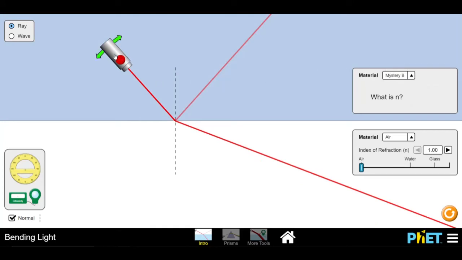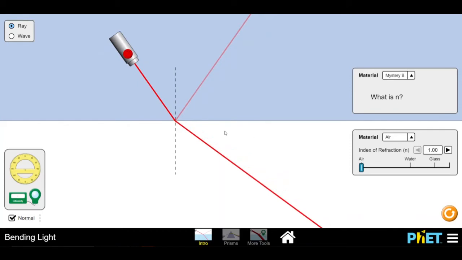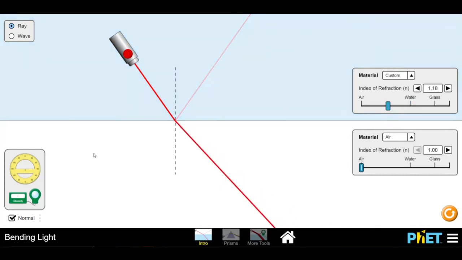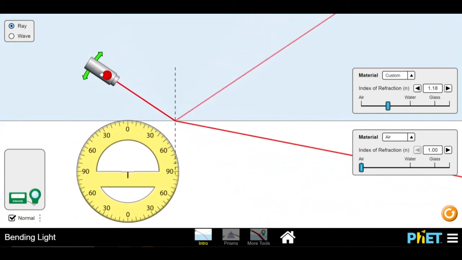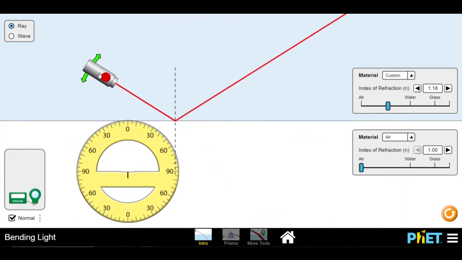So what I want you to do is to take each of the materials, so water, glass, A and B, and attempt to measure their critical angle. How? Well, I'm going to go to a custom one. Let's do something like that. Measure it along. Find the final point at which nothing is coming through, so it's found there.